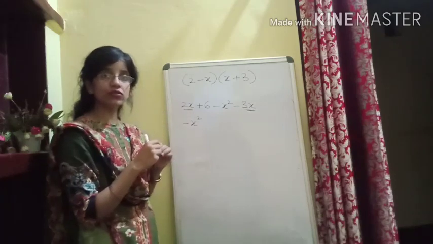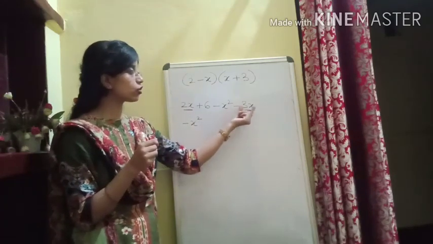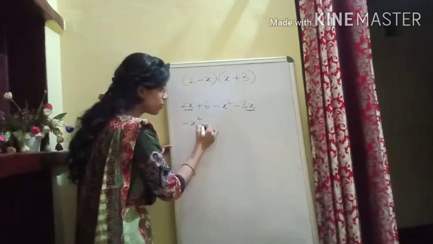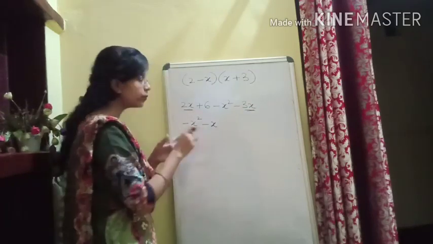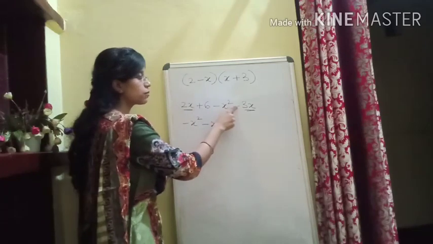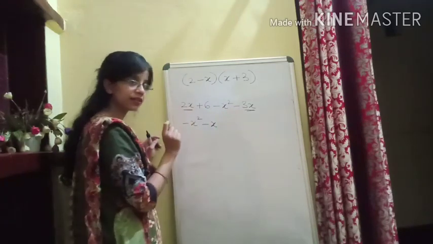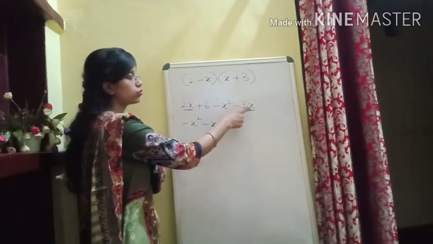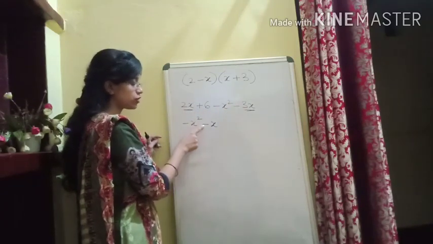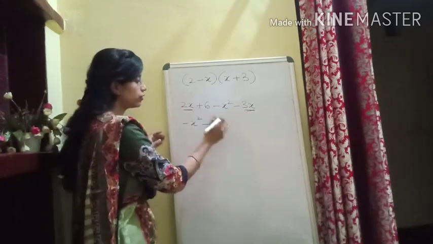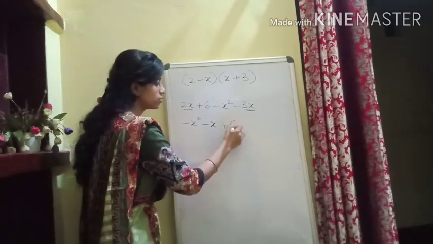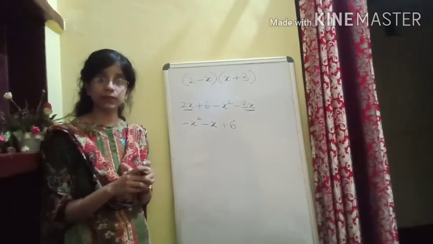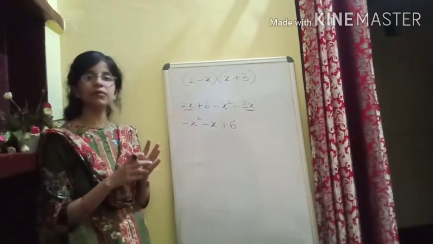And which sign are we going to write? Of course minus. We always use the sign of the bigger term, that is minus. So it will be minus x. Once more, since it is plus and minus, 3x minus 2x will be x. We are going to use the sign of the bigger term, which is minus, so minus x. Now here we have plus 6. So this is how we are going to multiply the two given brackets.